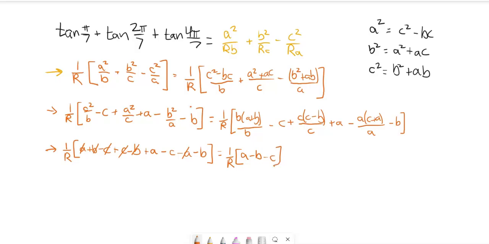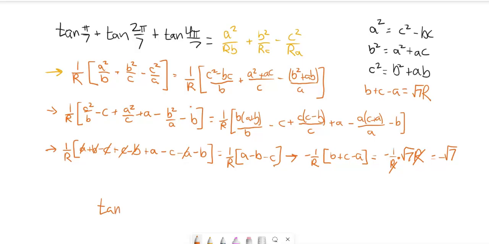I set it up that way because I'm going to show that a negative can be factored out from that. So I get b plus c minus a. And if you remember, I proved in a prior video that b plus c minus a equals the square root of 7 times R. So I can replace that with the square root of 7 times R. So the R's will cancel, and I'm left with the negative square root of 7.